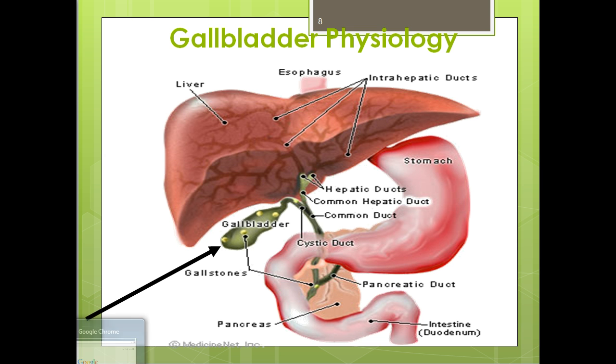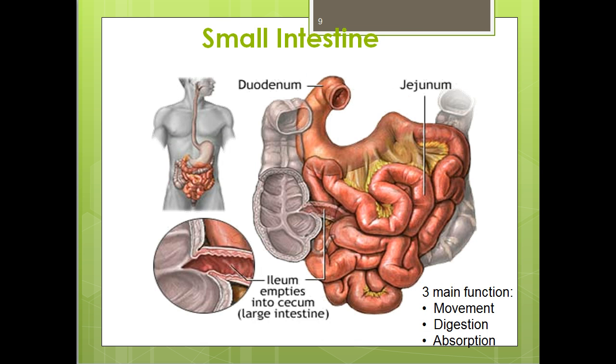Okay, so right here is basically gallbladder physiology, and you can look at it right there where I showed you, but I talked about that. And here is another picture of the small intestine if you want to look at it. And right there, I highlight once again the three main functions, which are movement, digestion, and absorption.